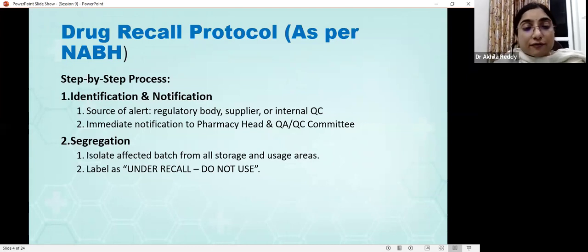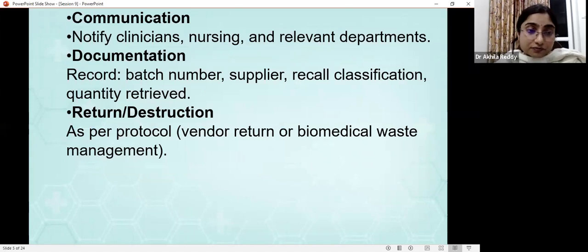Then the next thing is, you have to communicate to the clinicians, and you have to document it along with the supplier name, and then the decision will be made by procurement or the supplier with all their norms. If the vendor is ready to take it back, then you must return it with the batch number, supplier, recall classification, and quantity retrieved.